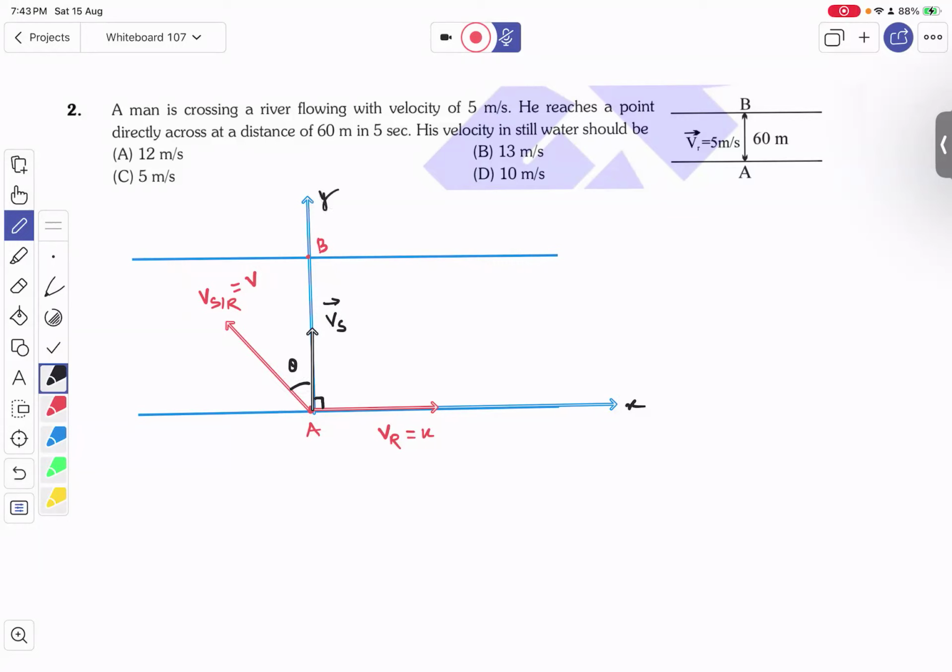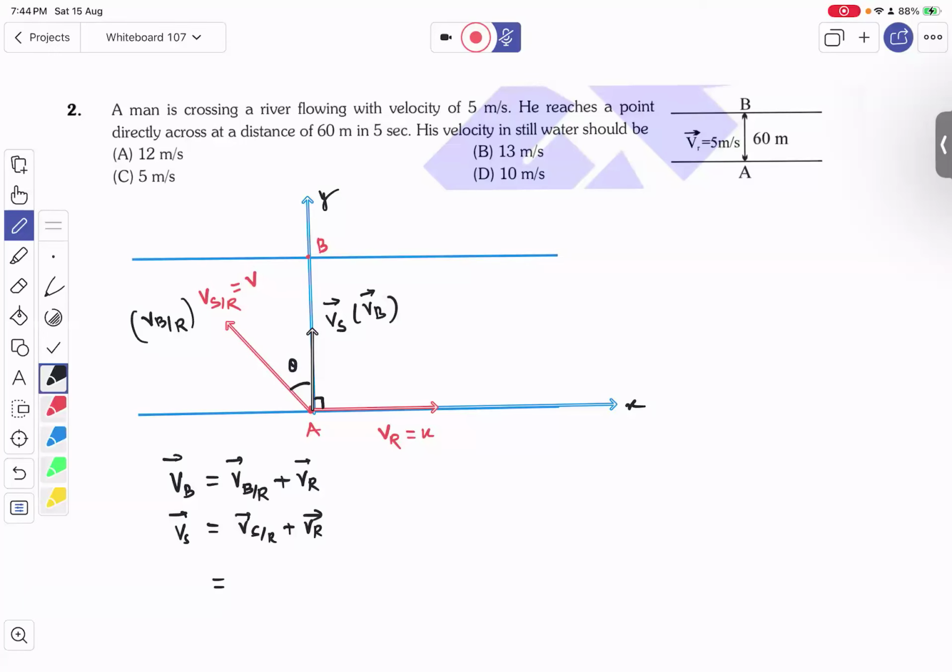So Vs or Vb must be lying along, if it was boat then I'll write Vb, so Vb or Vs must be lying along y direction. So if you remember the result, good. If not, you can derive it at any moment.